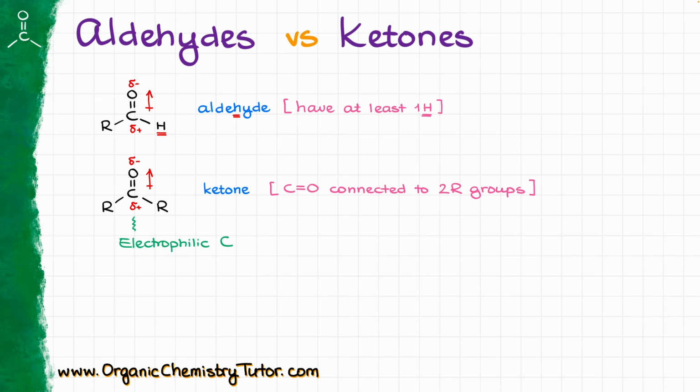Now, one of the important physical properties of aldehydes and ketones is that the carbonyl, the C=O double bond, is extremely polarized, giving us a large delta plus on the carbon and some delta minus on the oxygen.